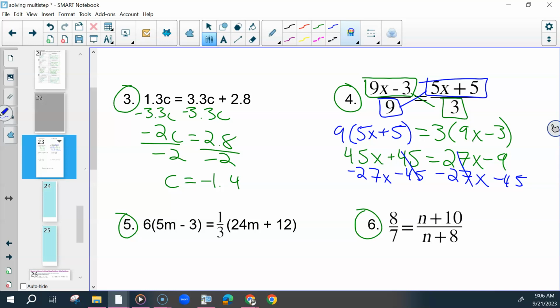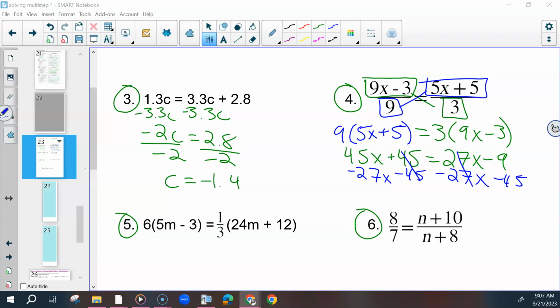So go ahead and subtract these. Tell me what you get. What would you get?